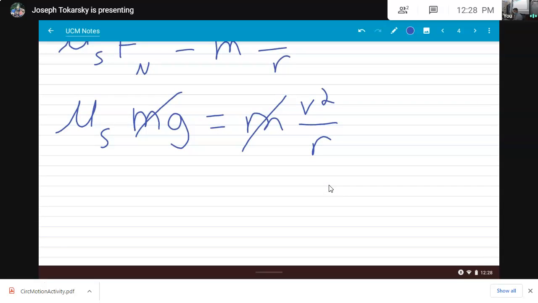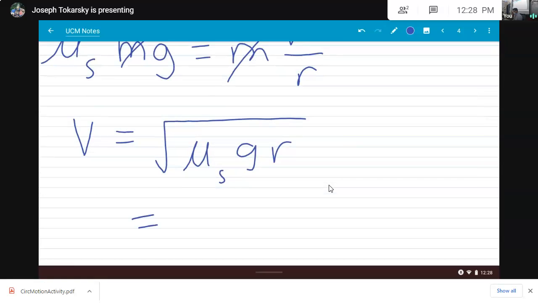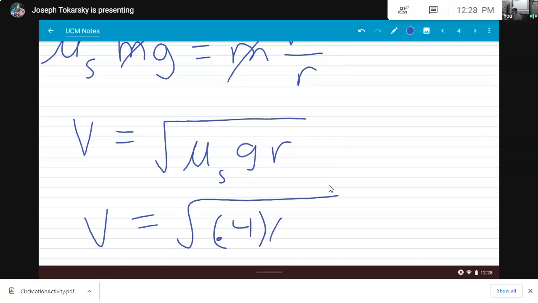Once mass cancels out, I algebraically solve for v by multiplying r to the other side and taking the square root. v equals the square root of mu g times r. Plug in those numbers: mu was 0.4, little g is 9.8, and the radius was given as 80 meters.